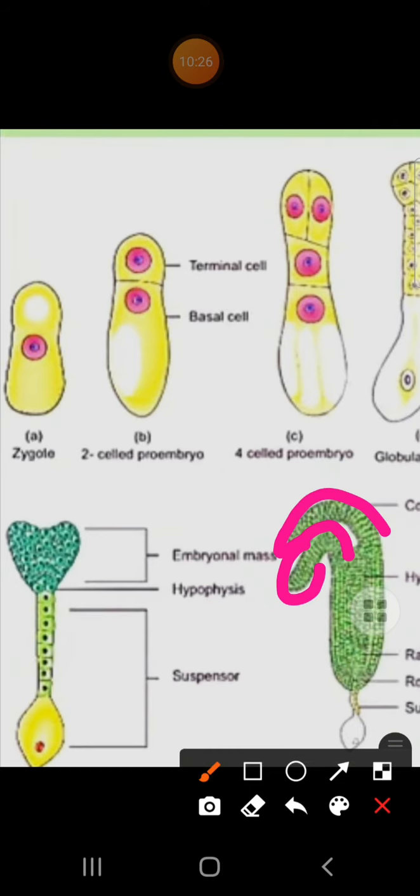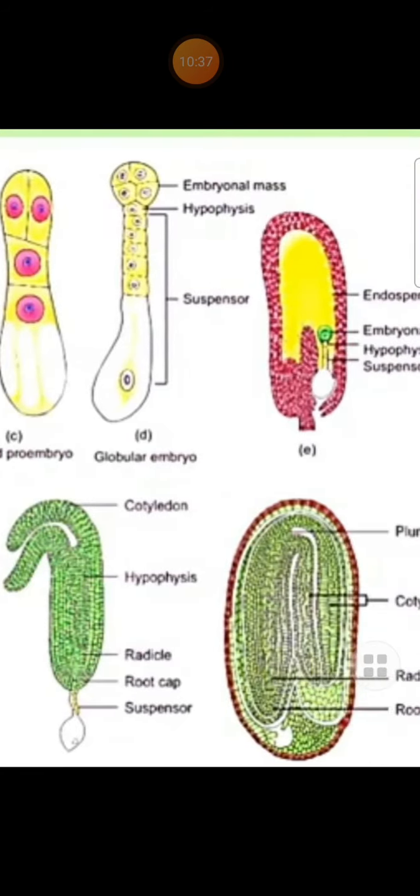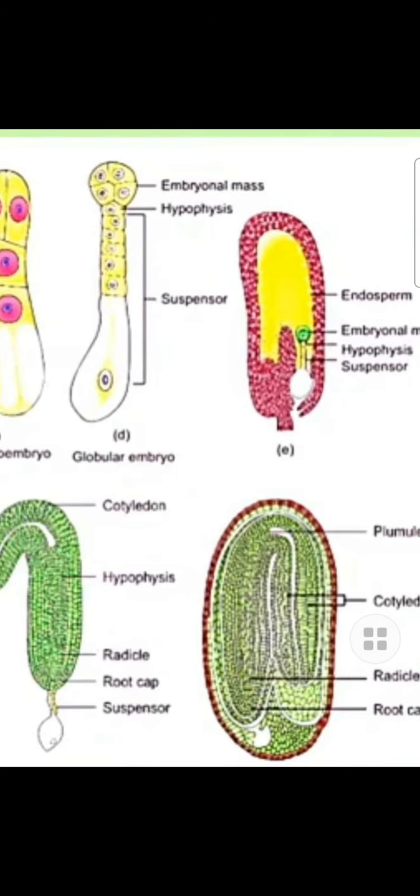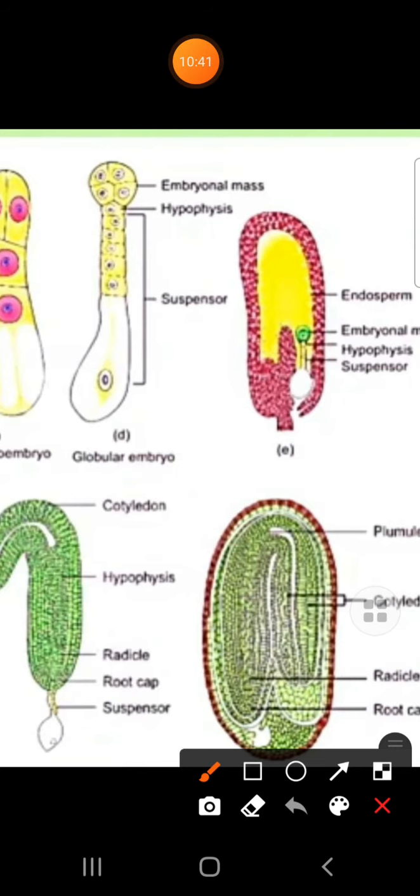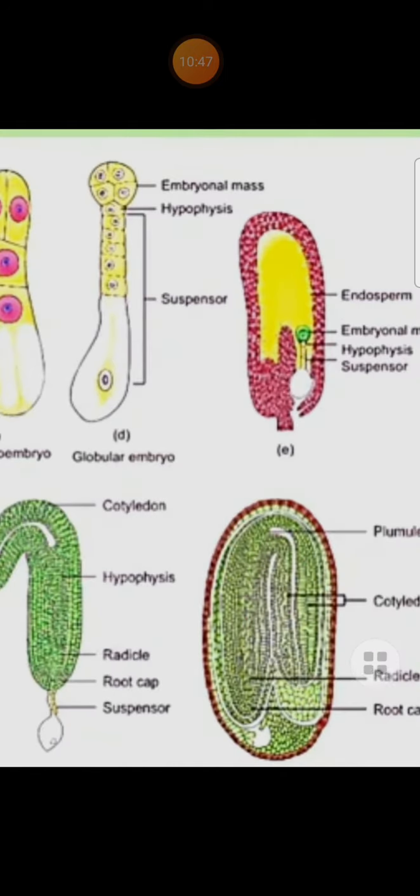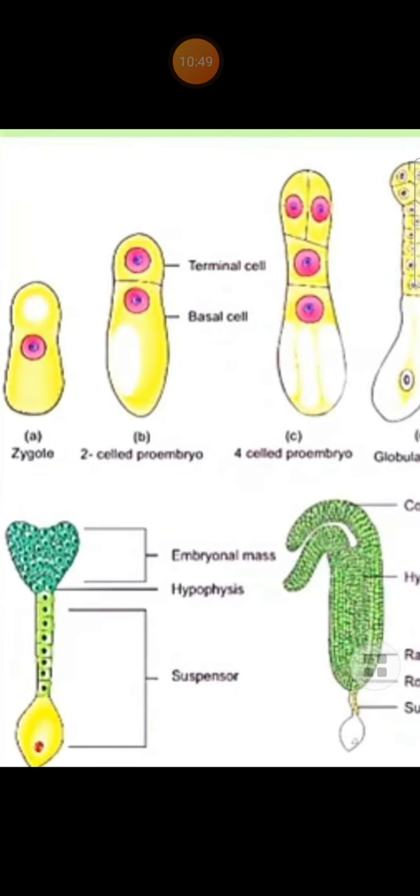Because there is not much space in the endospermal region, that inside the female gametophyte it doesn't have too much space. Okay, so it bends down and at the end forming this extra growth that's happening here, that forms the cotyledons. What is that form? Cotyledons.